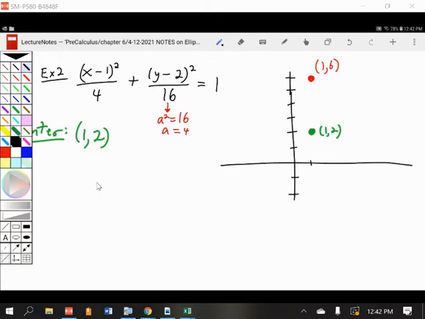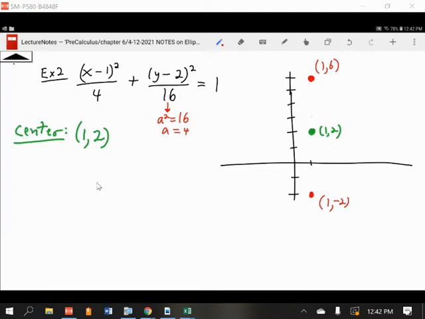So if I go back to red, 1, 2, 3, 4, down here, this is my other vertex. Notice the x-coordinate's still the same. I don't change the x-coordinate, but I do 2 minus 4 for the y-coordinate. So the vertices are (1, 6) and (1, negative 2).